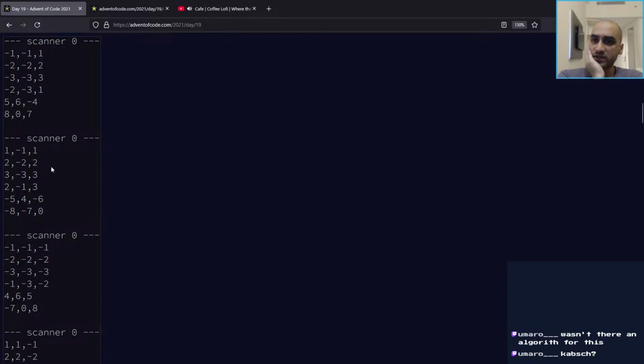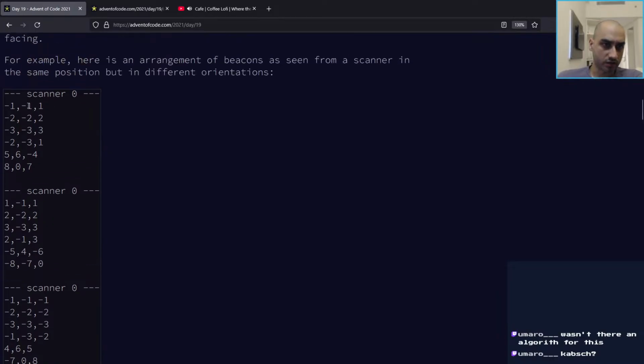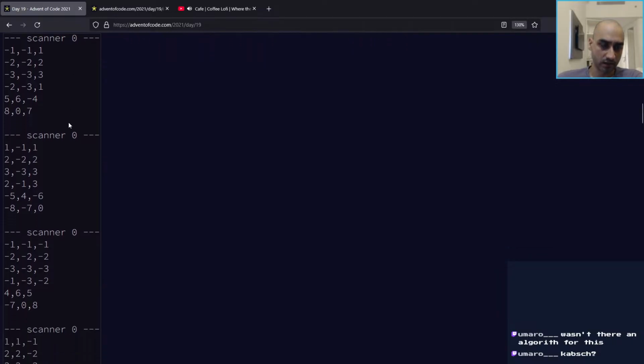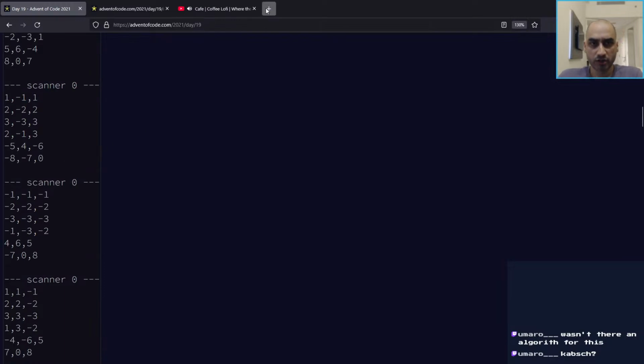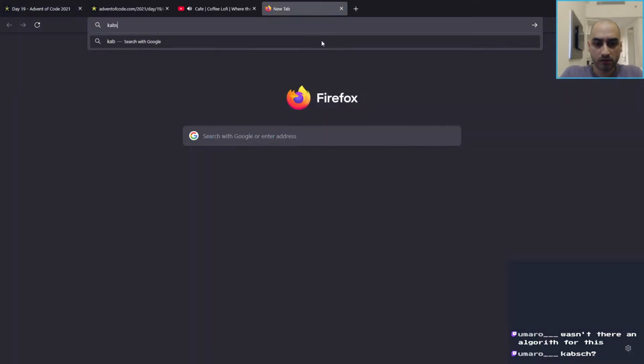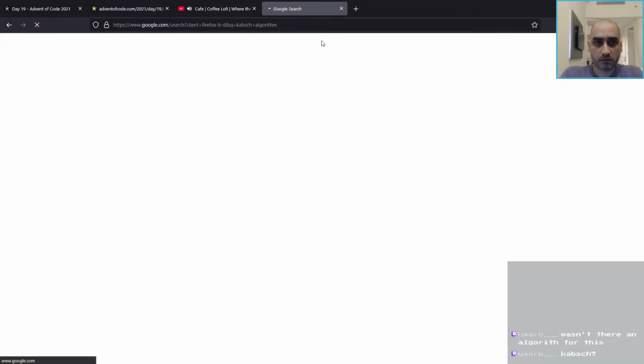Isn't there an algorithm for this? Kabsch? Oh, maybe I don't remember this stuff. We can't just do every possible permutation of columns and every possible positive or negative of each column, because that would be too many, wouldn't it? That would be like 48. Only half of those are valid. What's Kabsch?